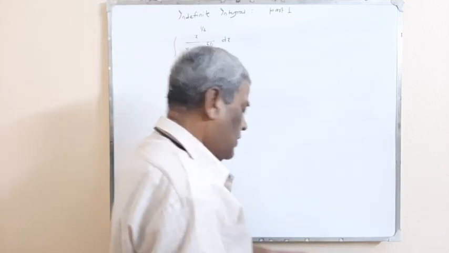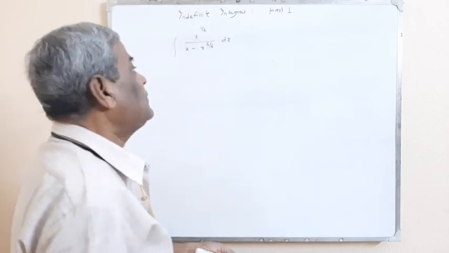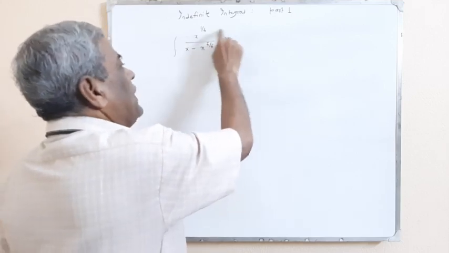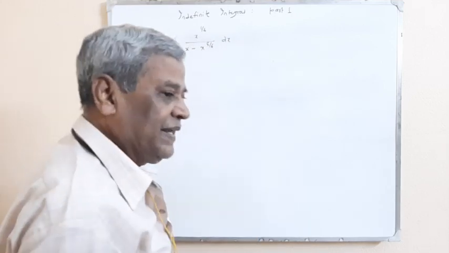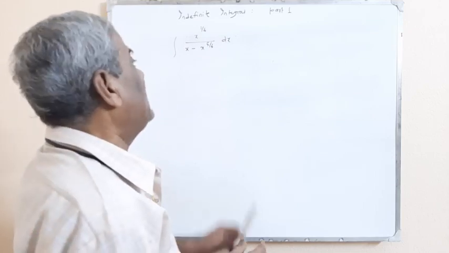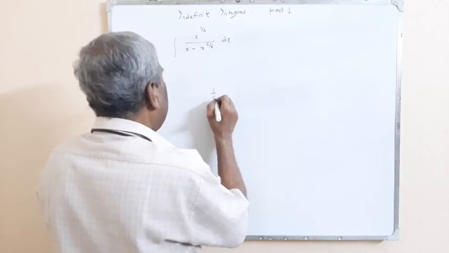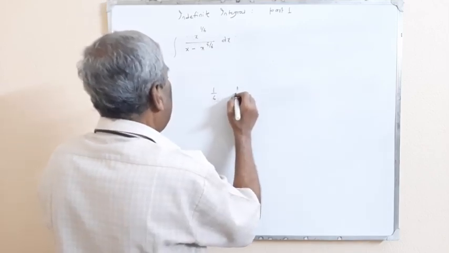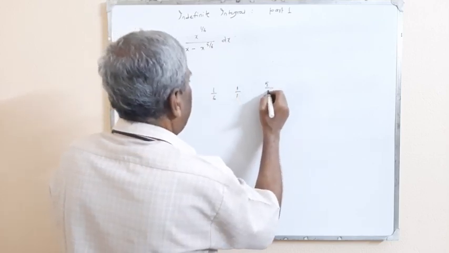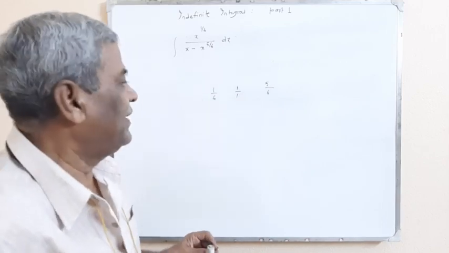Find the integration of that. So it is actually an algebraic function. The numerator is algebraic, the denominator is algebraic, and the powers of x are different. One is 1 by 6, other is 1, which means 1 by 1, and the third one is 5 by 6.